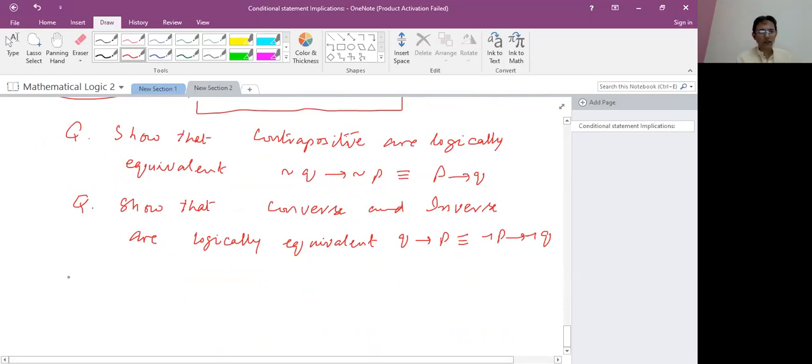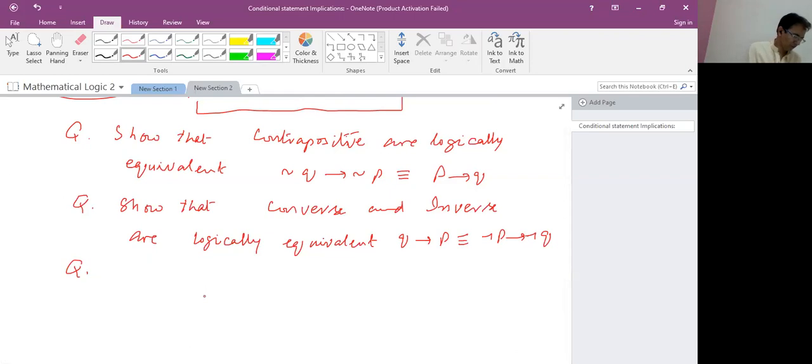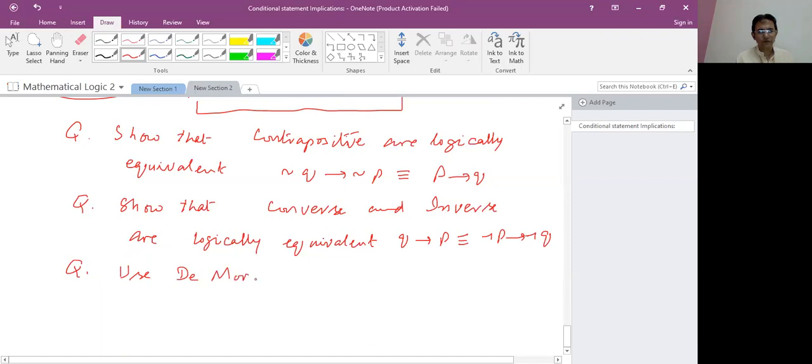So student, I will consider an example about De Morgan's law. The question is, use De Morgan's laws.